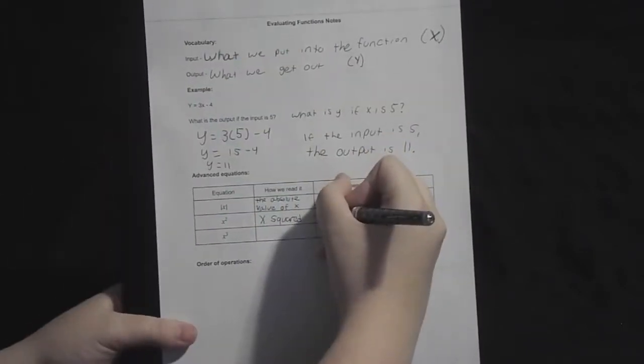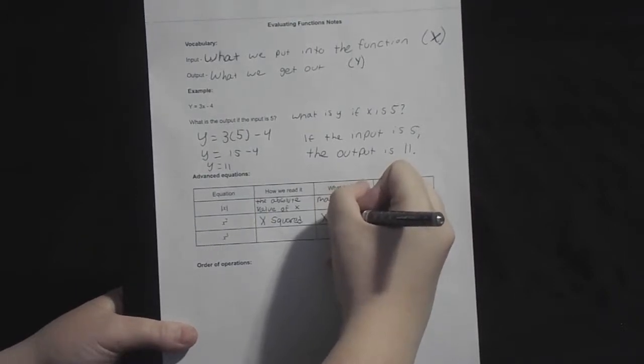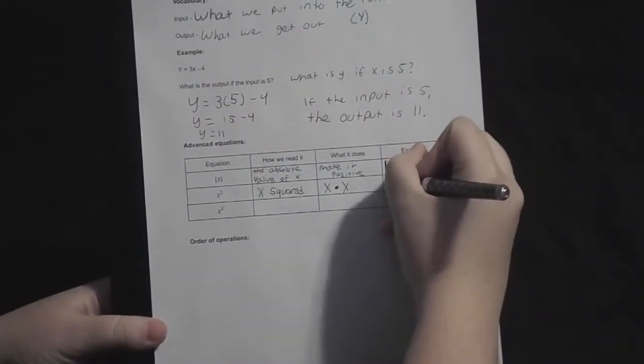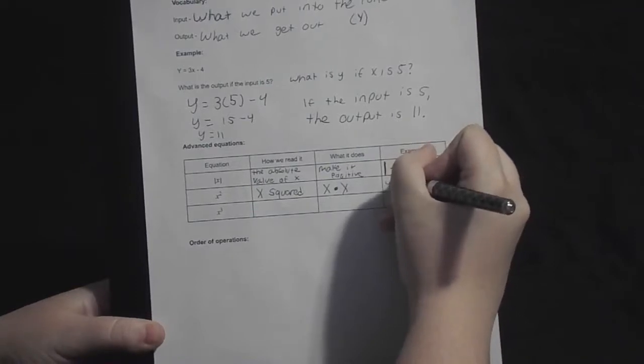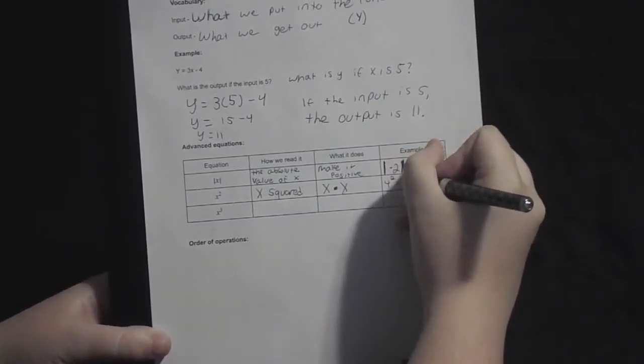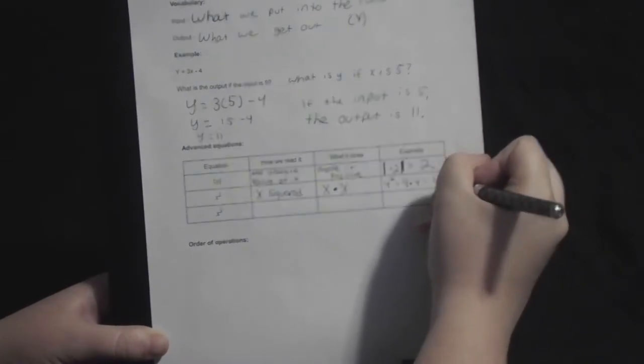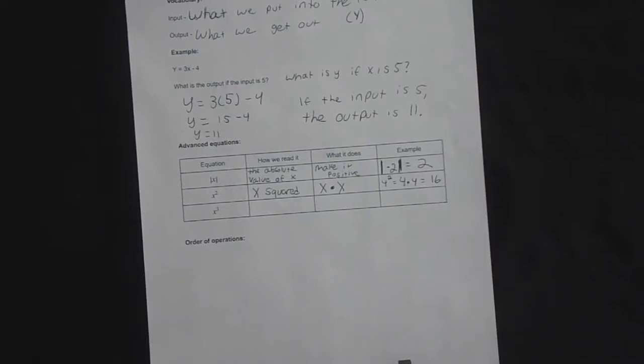So what it does is whatever x is, you times it to itself. So it's x times x. For example, if x was 4 and it's being squared, that means 4 times 4, which is 16.